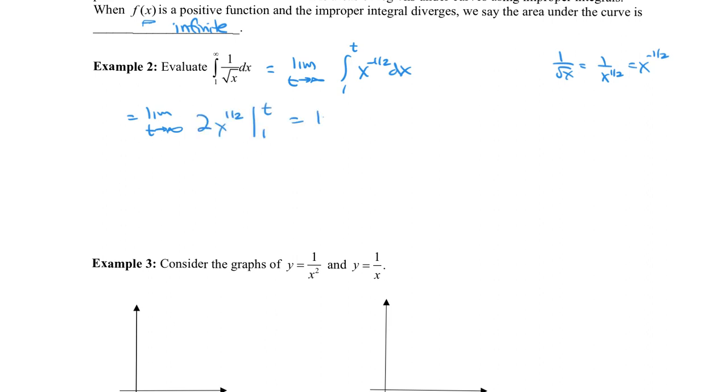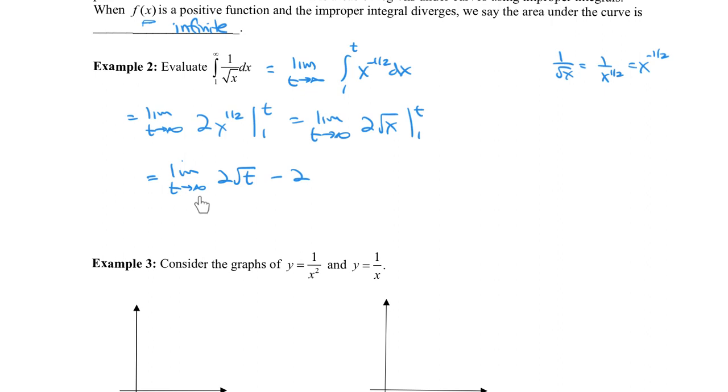And I'm just going to rewrite this as 2 times the square root of x from 1 to t, because we're going to plug things in there, so it's just easier to work with a square root. Okay, so now we're going to go ahead with the fundamental theorem of calculus. We're going to plug these in and then take the limit of the result. So we get the limit as t approaches infinity of 2 times the square root of t minus 2 times the square root of 1, which is just 2.